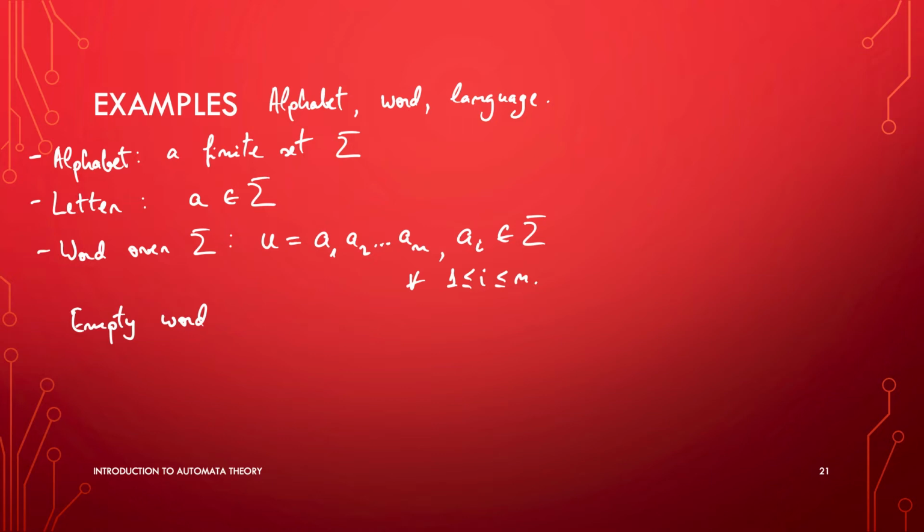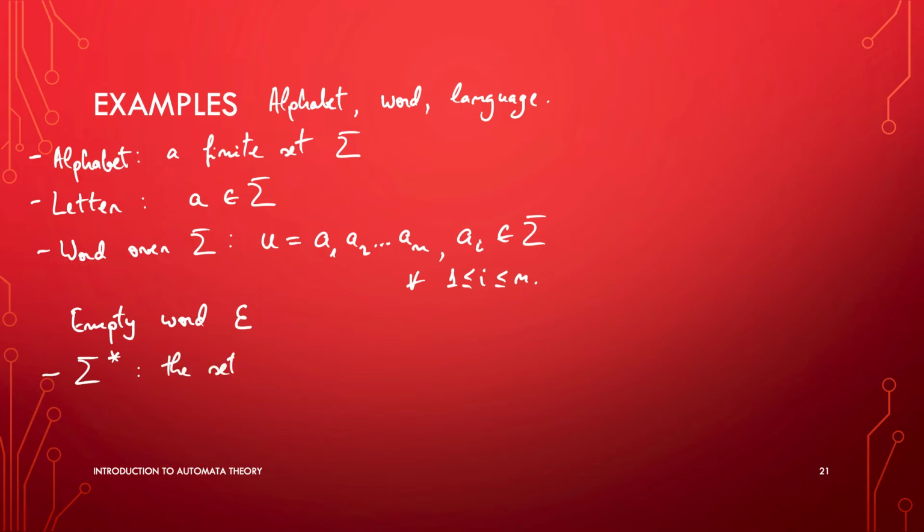I'm going to use the symbol epsilon for the empty word. If you look over the internet or check other textbooks, just be mindful that the empty word can be denoted in other sources with lambda or sometimes with 1, but throughout this course I'm going to use epsilon for the empty word.